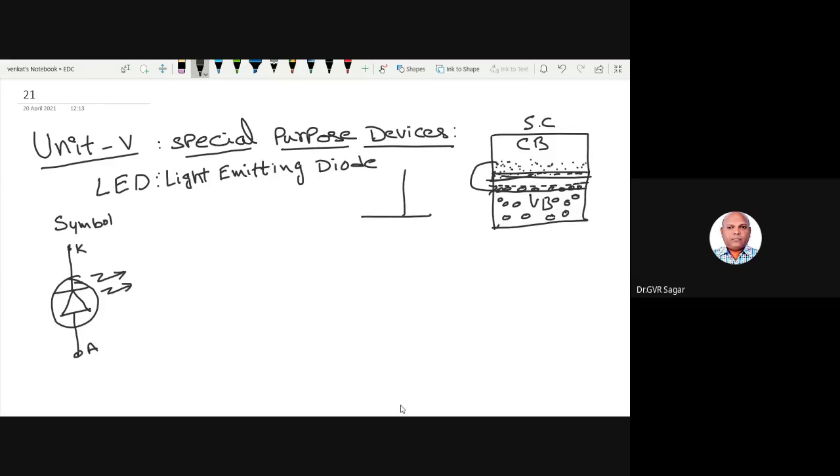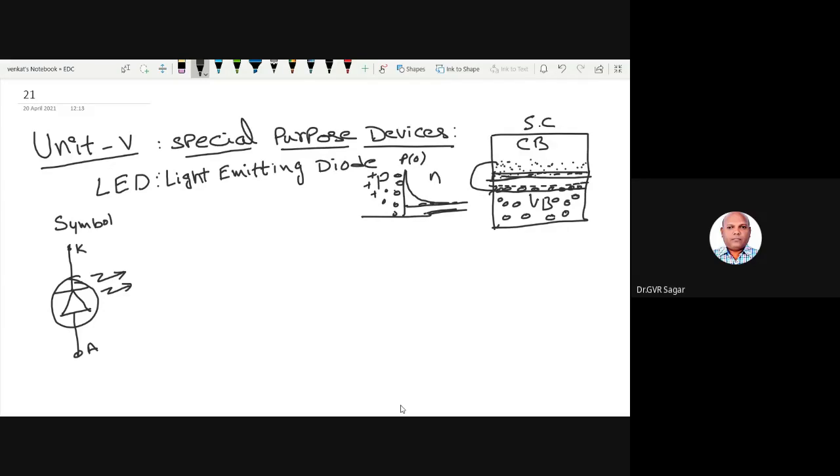In the diffusion process, this is the p-type and this is the n-type. Whenever holes are the majority carriers and diffuse, there are some minority charge carriers present. So this is the exponential decay.